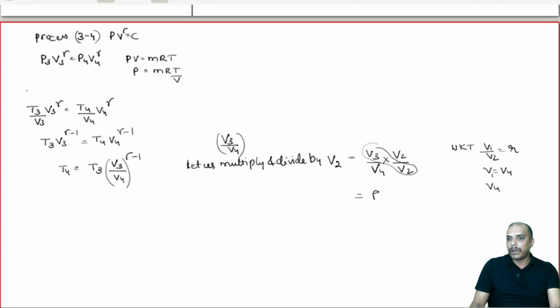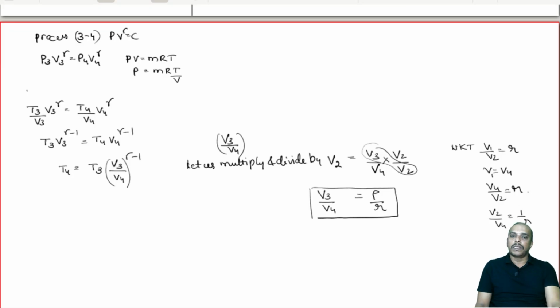Therefore, V4 by V2 is equal to R, but we have here V2 by V4 is equal to 1 by R. So, this will end up with rho by R. So, V3 by V4 can be written as the cutoff ratio divided by the compression ratio.